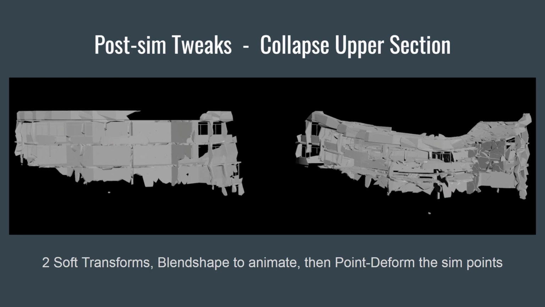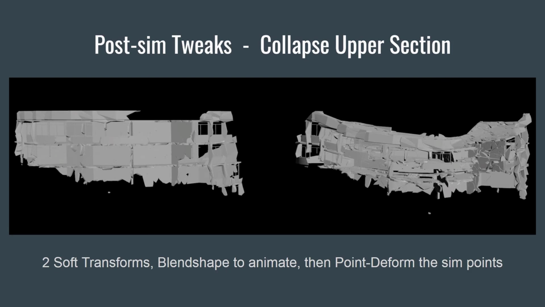Now, you can also do some large-scale deformations like I did with the top of the building. And you can absolutely set up these effects with soft constraints, but sometimes you just don't have the time to set up a deformable sim, which is why sculpting some of these shapes can be very helpful.